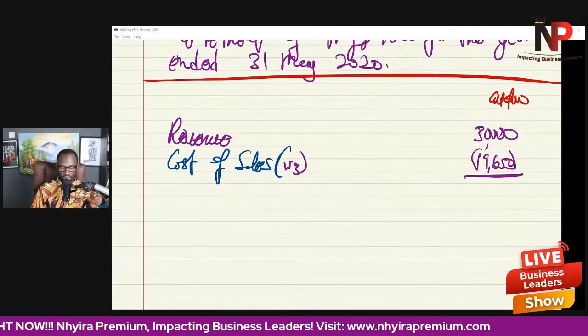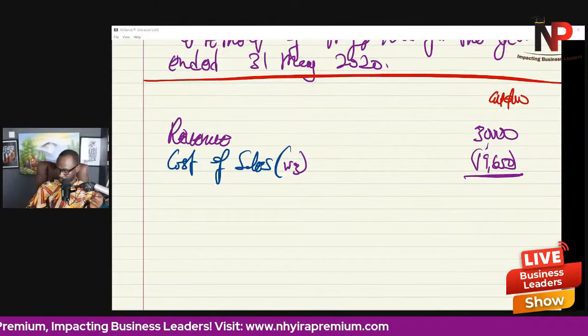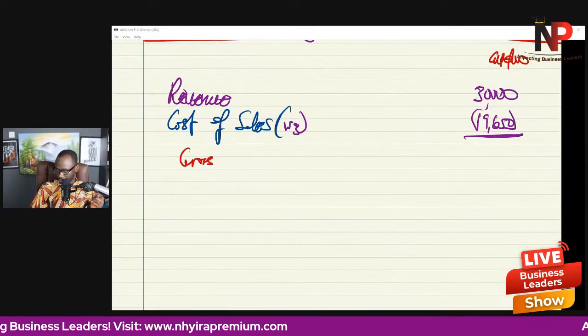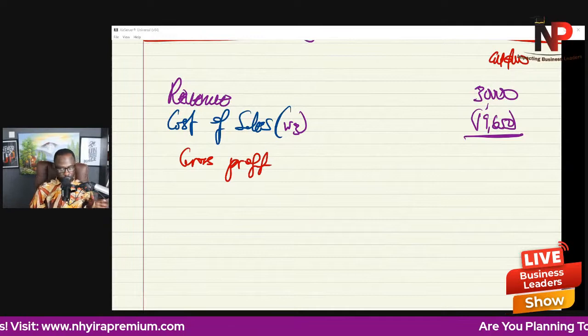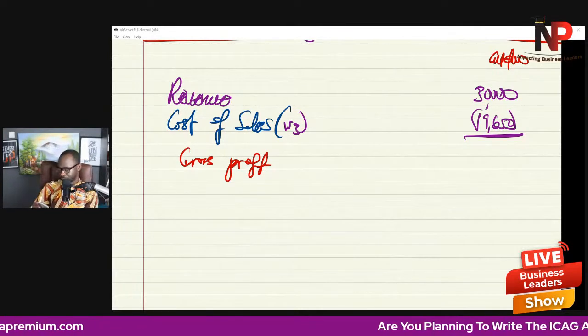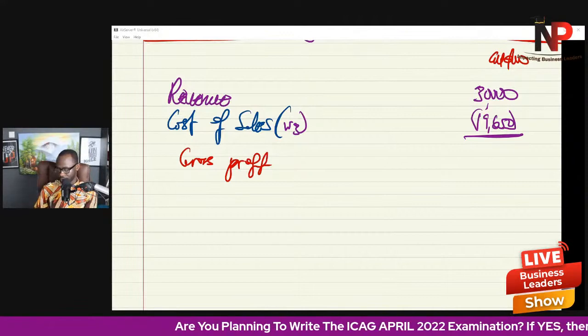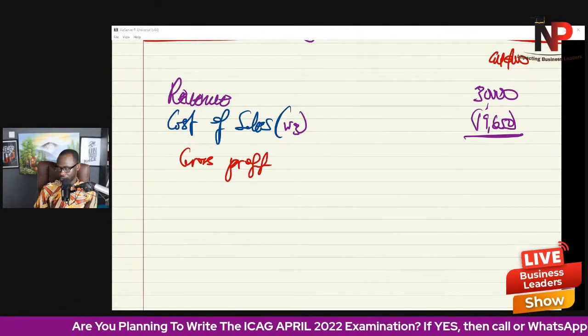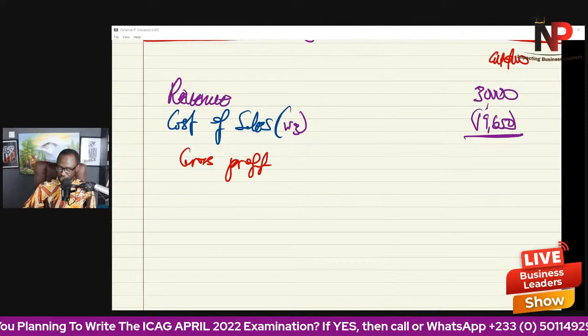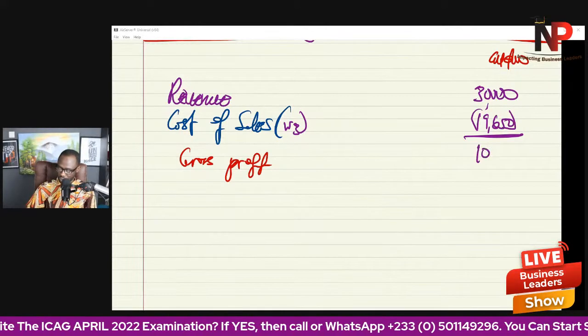So we subtract that to get a gross profit. So let's do the maths on that. 30,000 minus 19,650, and that's 10,350.